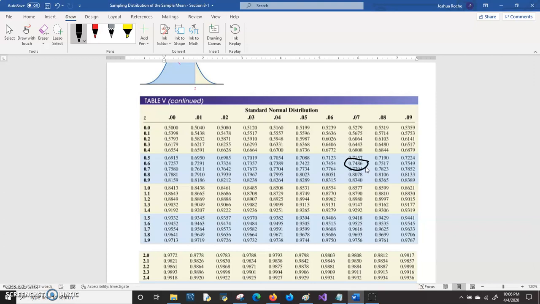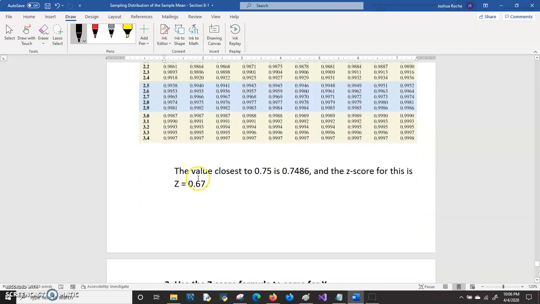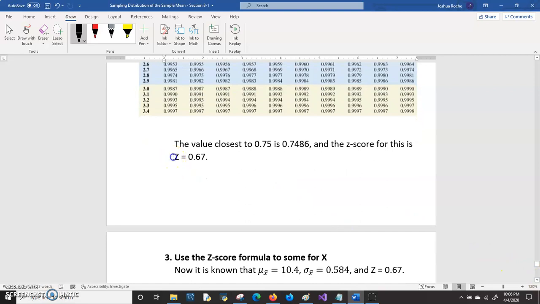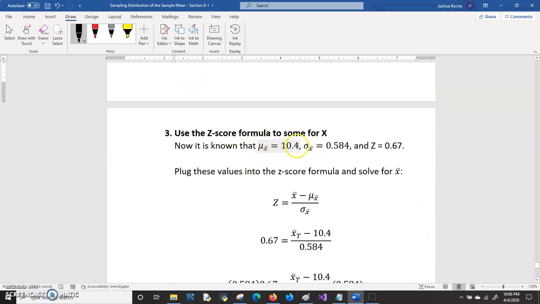The z-score for that area is 0.67. So we'll use a z of 0.67. Now that you have the z-score, you can use the z-score formula and plug in the mean, the standard deviation, and the z.